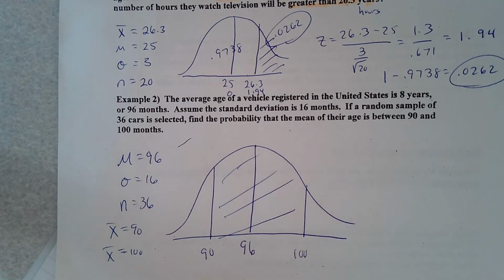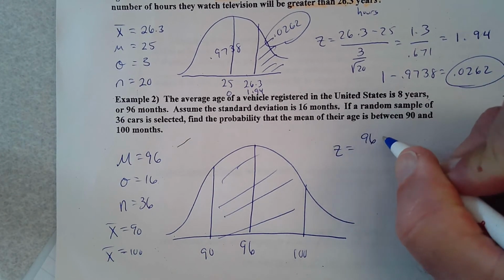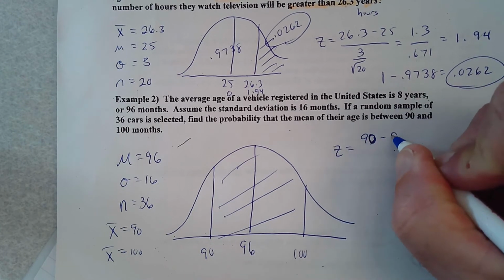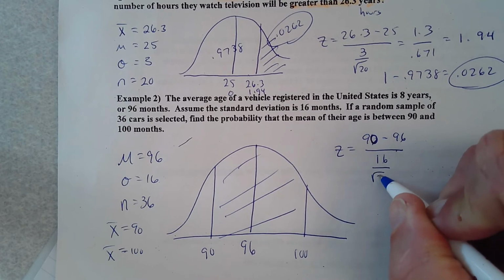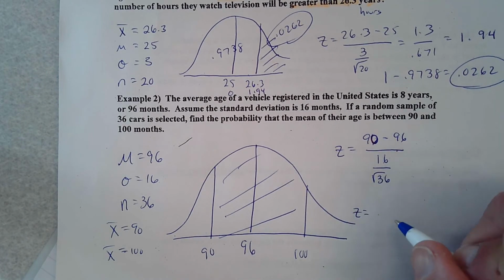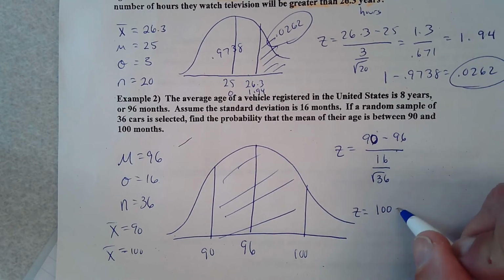So again, we have to find two z-scores. Z equals 90 minus 96 divided by the standard deviation over the square root of the sample size. And we're going to use this same exact formula, except instead of 90, we're going to use 100 minus 96.